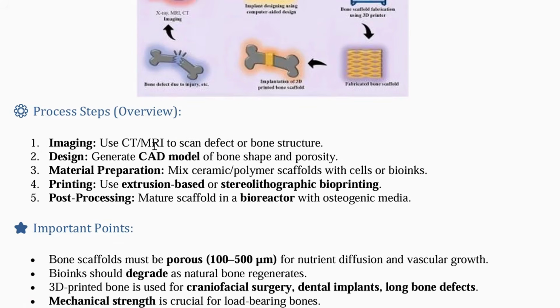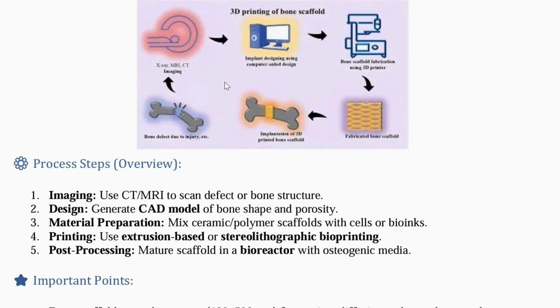It generates a CAD model of bone and porosity. Material preparation is done here, polymer scaffolds with the cells or bioinks. Printing using extrusion or bioprinting. Post-process: mature scaffolds in the bioreactors with osteogenic media.